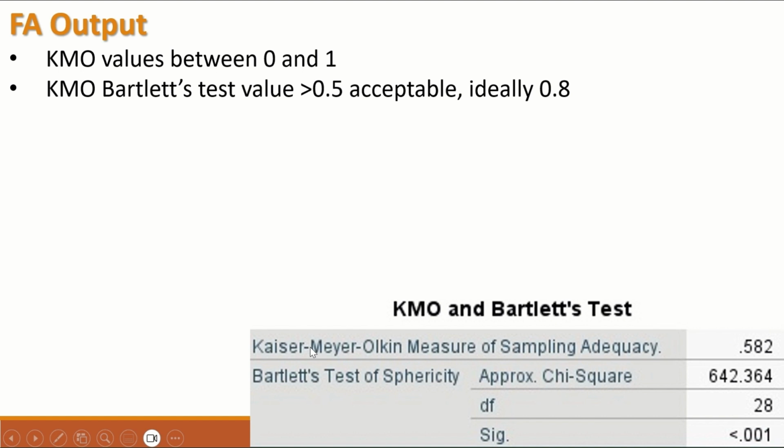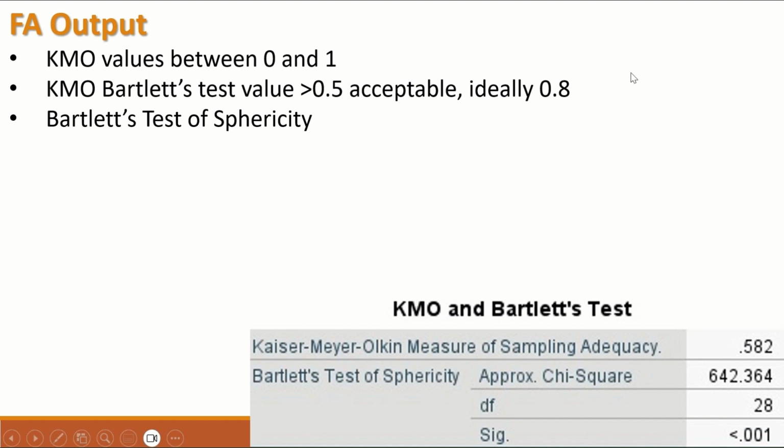The value needs to be greater than 0.5 to be acceptable, and ideally 0.8 will be the best value. So when performing factor analysis, certain assumptions have to be fulfilled. This is one of the assumptions, to check for sampling adequacy. The value should be greater than 0.5.